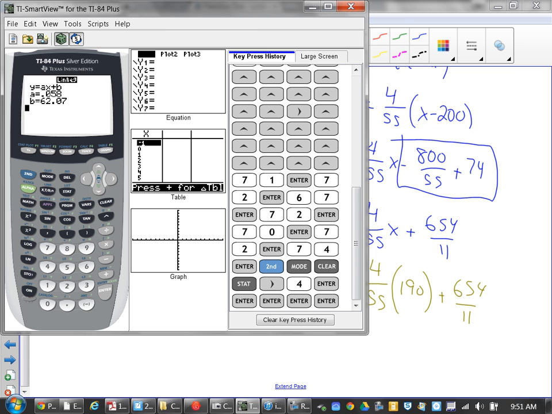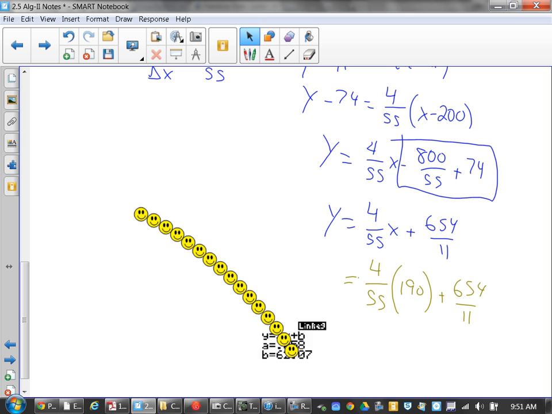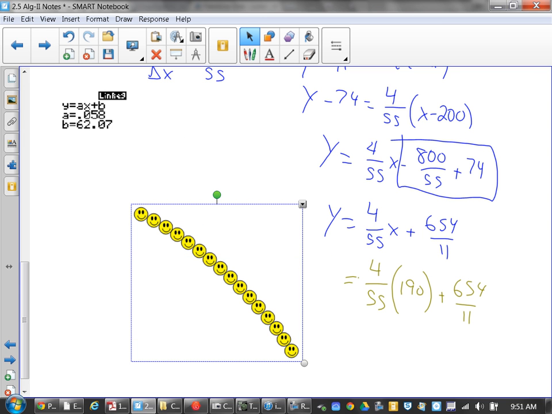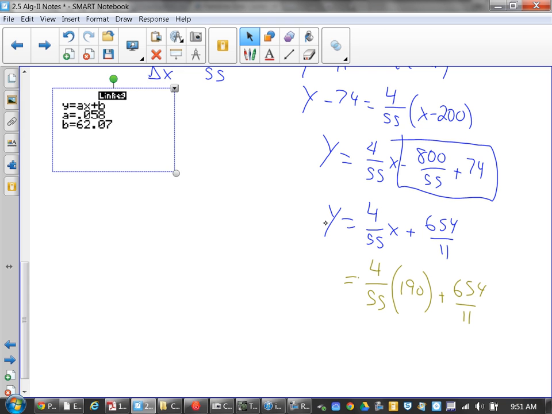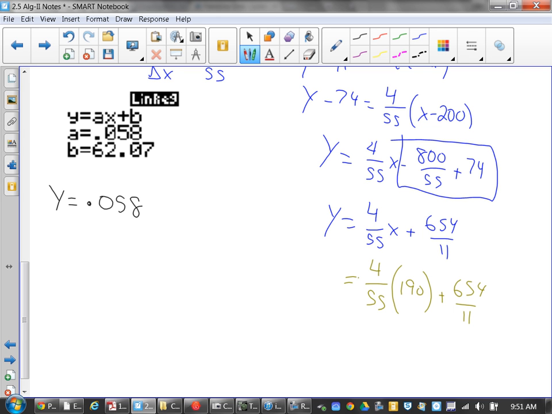So in this case, the calculator is telling us that the equation should have been y equals 0.058x plus 62.07.